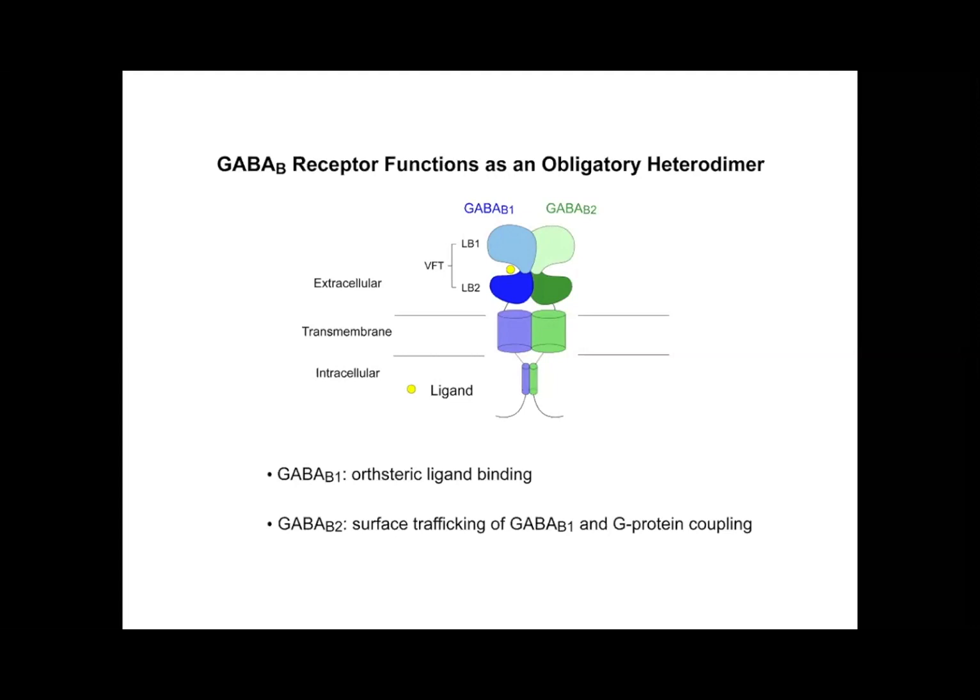The two subunits are structurally homologous, but perform distinct and complementary functions. GABAB1 is responsible for orthosteric ligand binding through an extracellular Venus flytrap module. GABAB2 facilitates the cell surface expression of GABAB1 and is involved in G-protein coupling. Our goal is to understand the signaling of the GABAB receptor using structural methods.